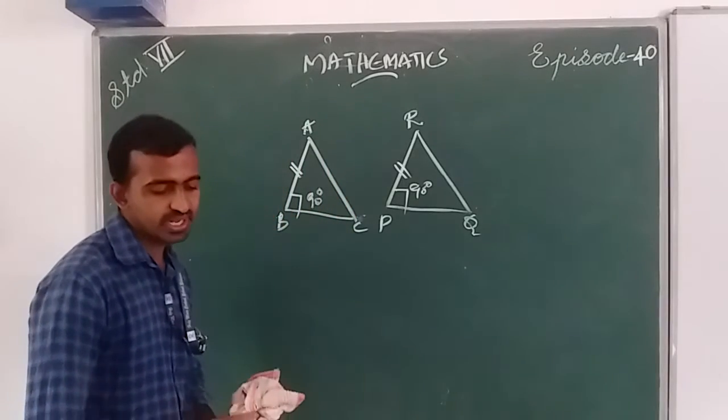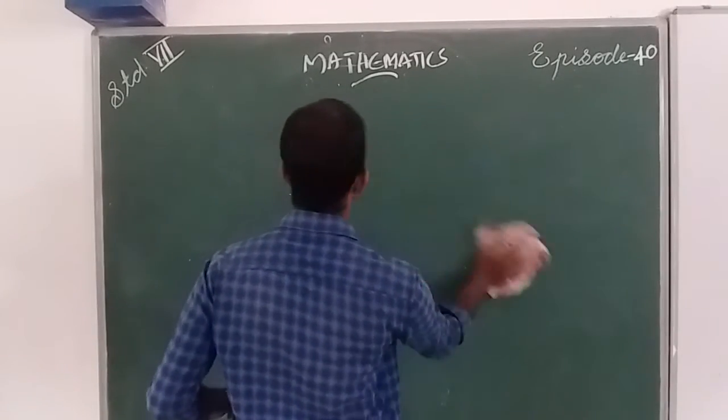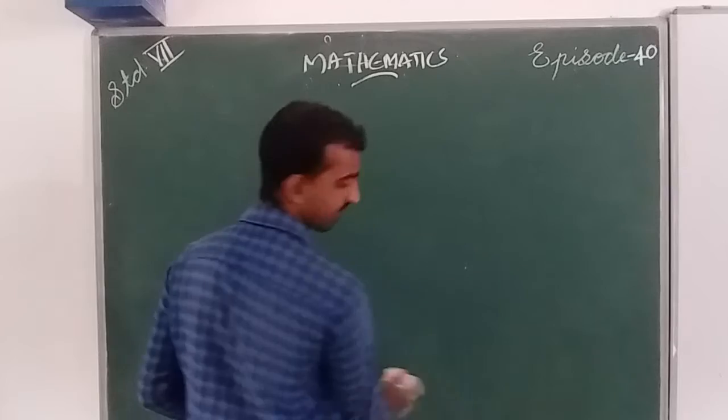Here is the figure. This triangle ABC is an isosceles triangle, and here AB equal to AC.